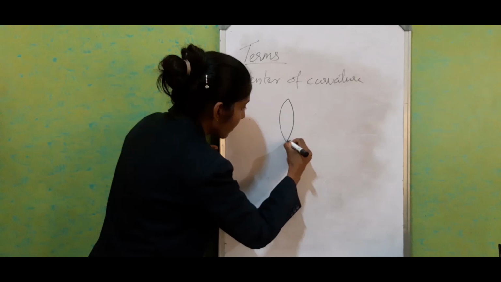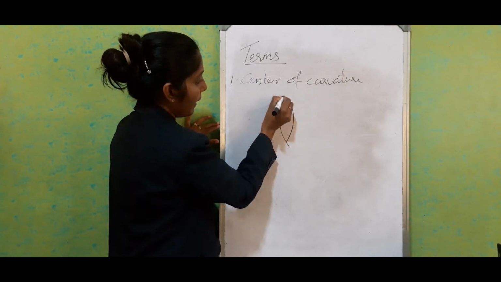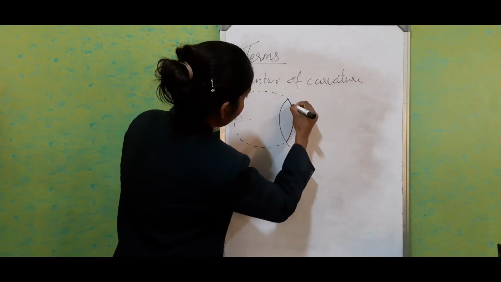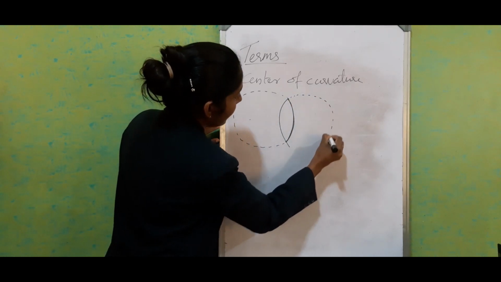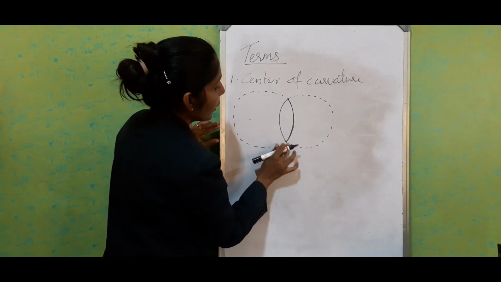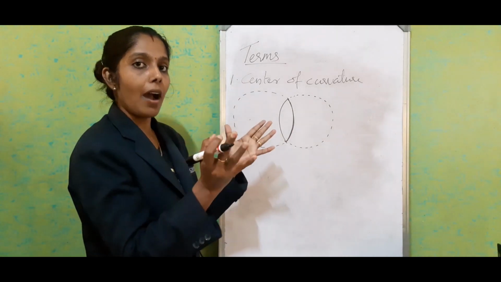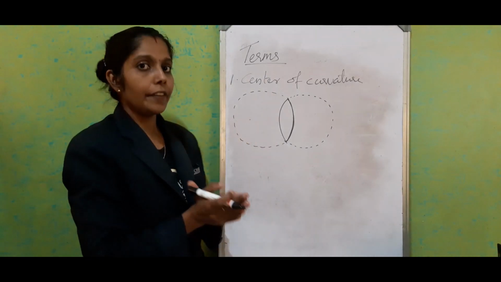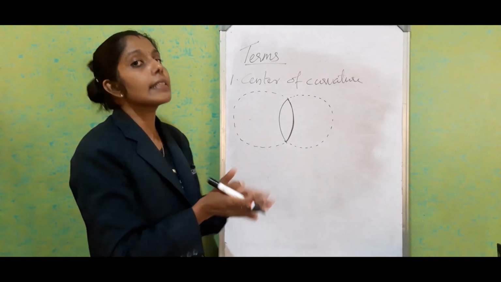So if this is a convex lens, if we complete this surface, we will get a circle, and same way we can even complete the other surface, right? So both spherical surface is part of two different spheres. So center of curvature means center of the sphere which lens is a part.